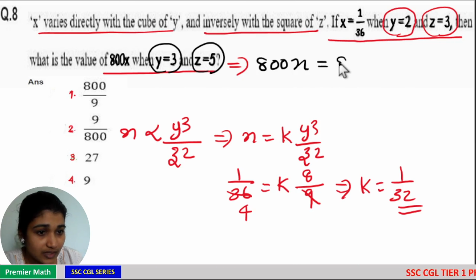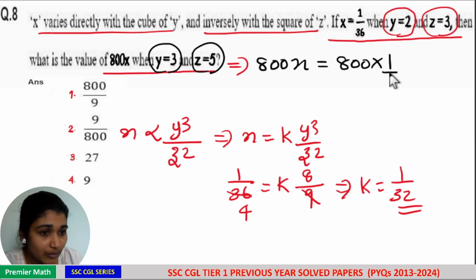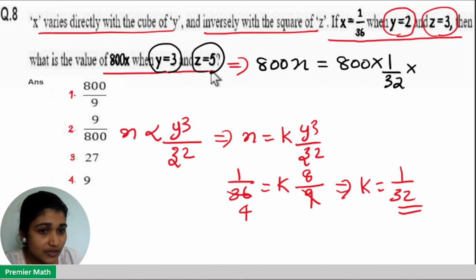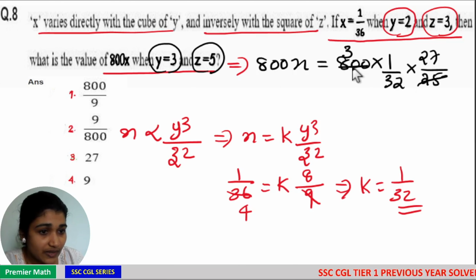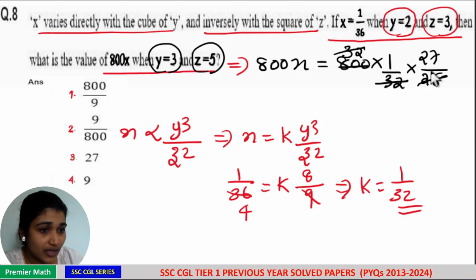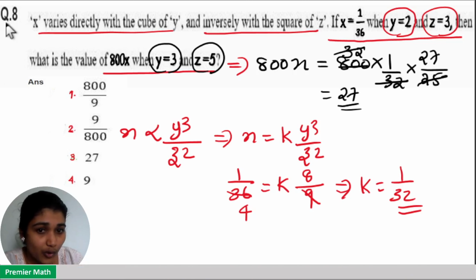So 800x is equal to 800 into x. Here x is equal to k into y cube by z square, where k is 1 by 32. Y cube is equal to 3 cube, which is 27, and z square is equal to 5 square, which is 25. 25 goes 3 times in 75 and 2 times in 50. 32 and 32 cancel. So 800x is equal to 27. Option 3 is your answer.